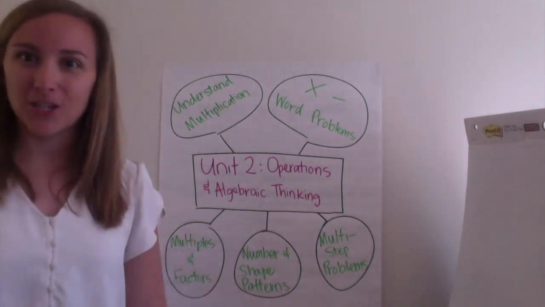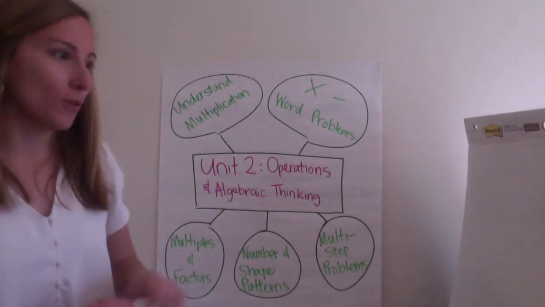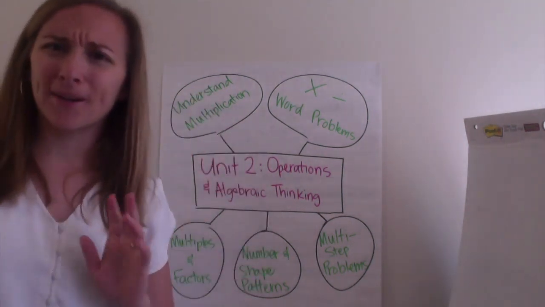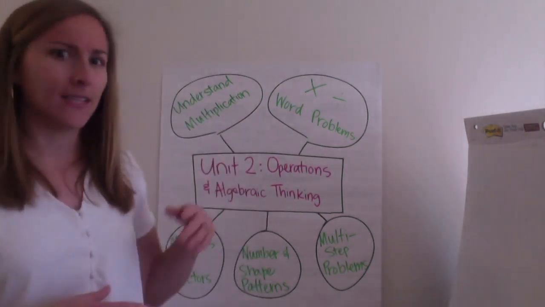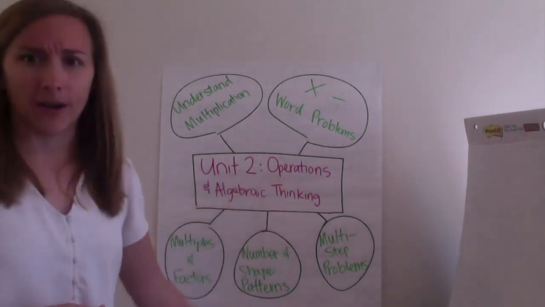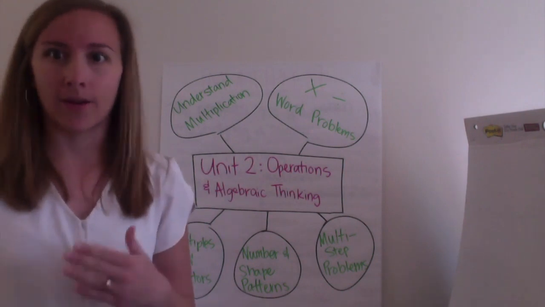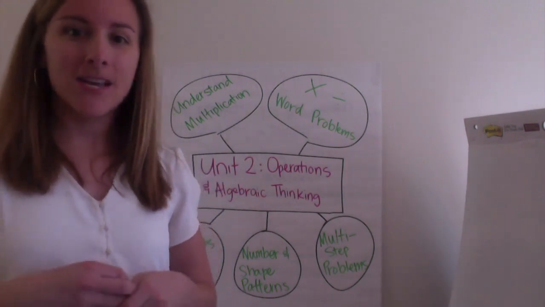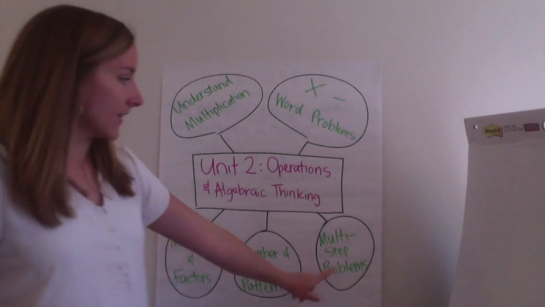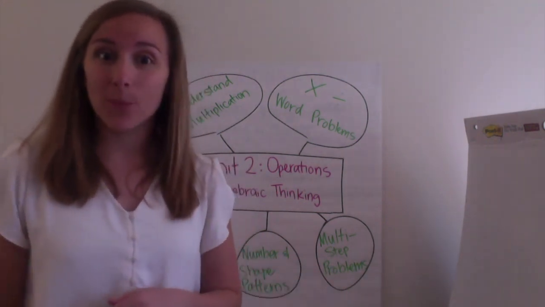Then we talked about number and shape patterns, which, looking at this, you might wonder how patterns fit into algebra and operations. But what's neat is multiplication really is a pattern, that repeated addition. So that's in there as well. And then last but not least, those multi-step word problems.